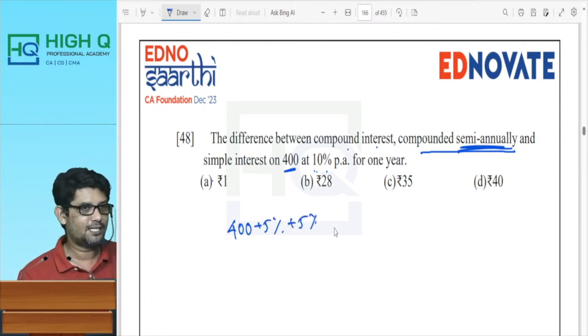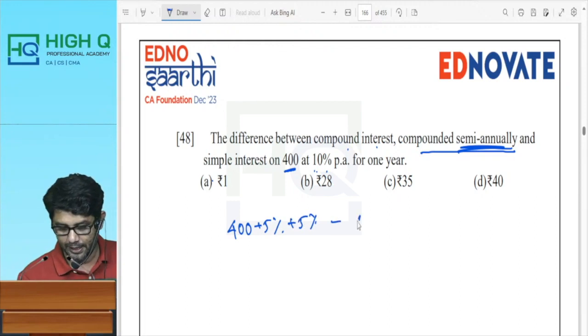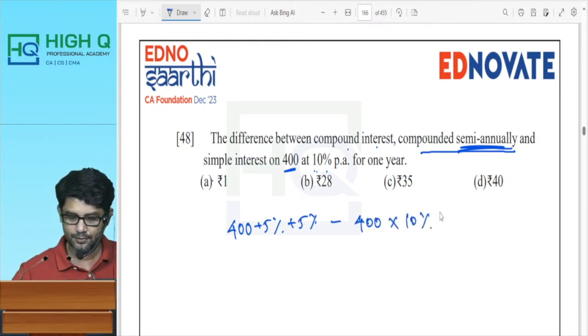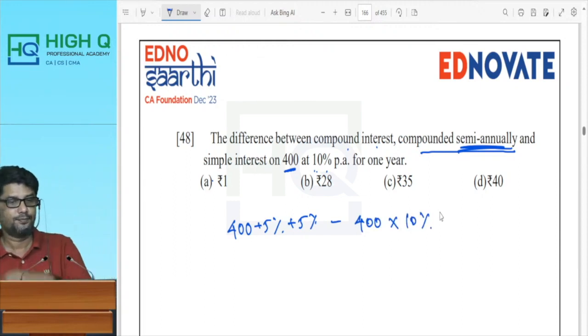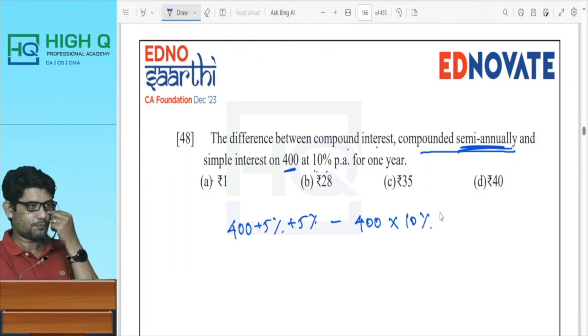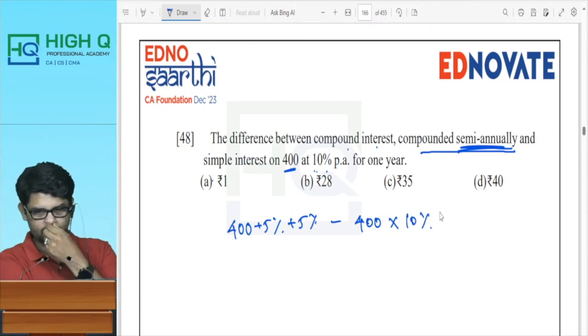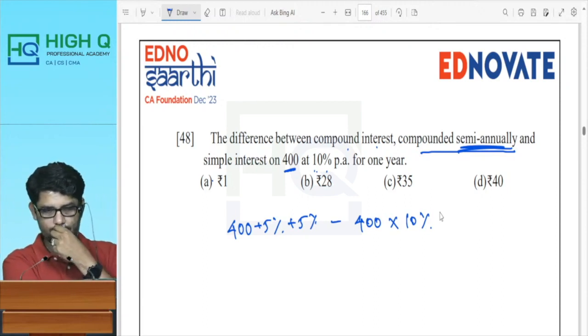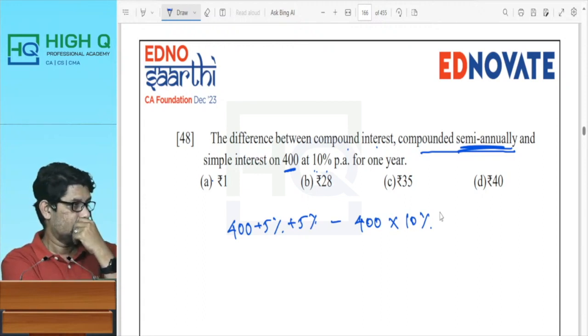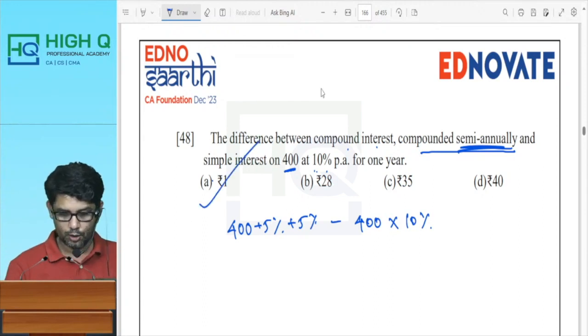Whereas simple interest per annum only, minus 400 into 10%. This is the answer. What is the answer? Option A, 1 rupee.